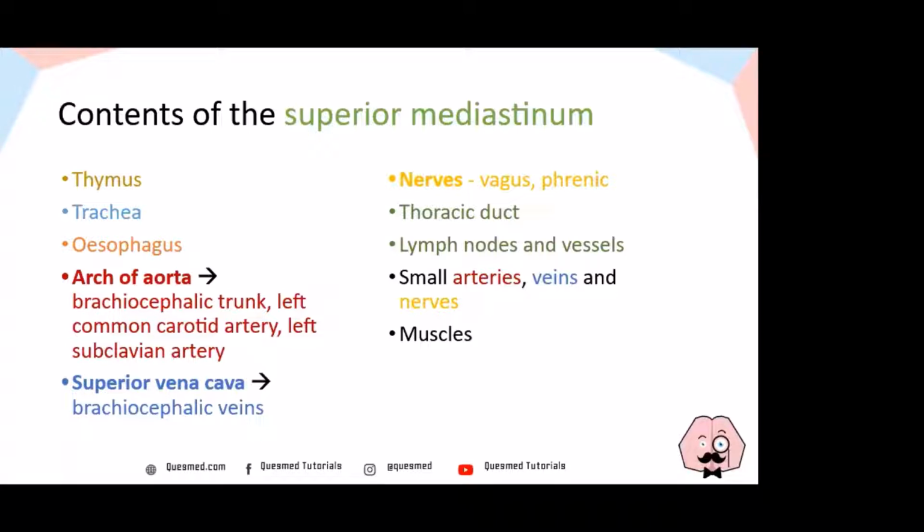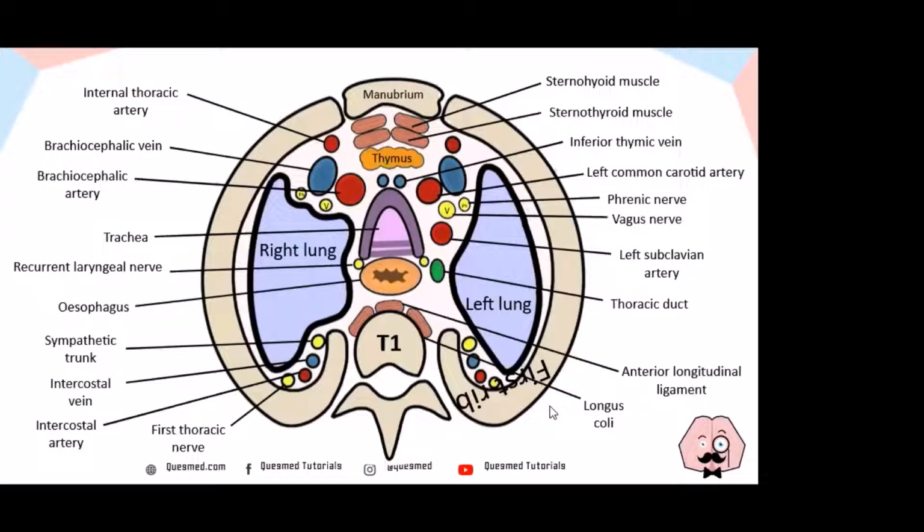Your superior vena cava, and also the things that make it up, which are your brachiocephalic veins. You've got some nerves, your vagus and your phrenic, thoracic duct, lymph nodes, and then smaller arteries and veins and some muscles.